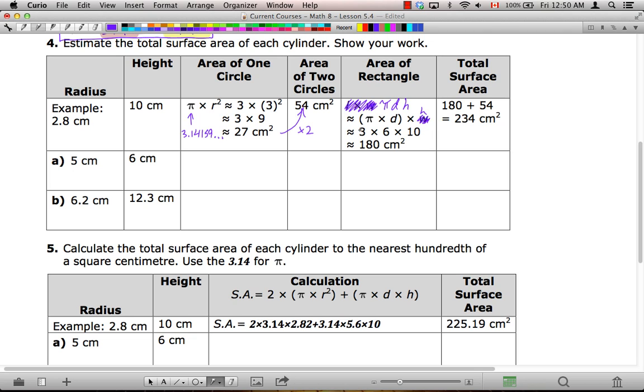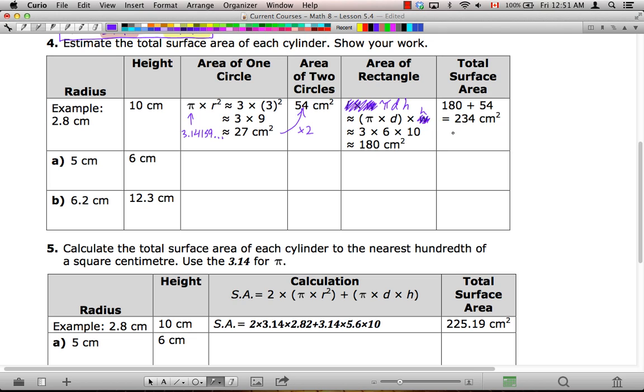And so for pi, we're saying it's approximately 3. The diameter is 6 because it's twice the radius, so 2 times approximately 3. And the height of the cylinder is 10. Multiplying all three of these, we get 180 square centimeters. So the total surface area is the two circles, 54, plus the rectangle, 180, which gives you 234 square centimeters.